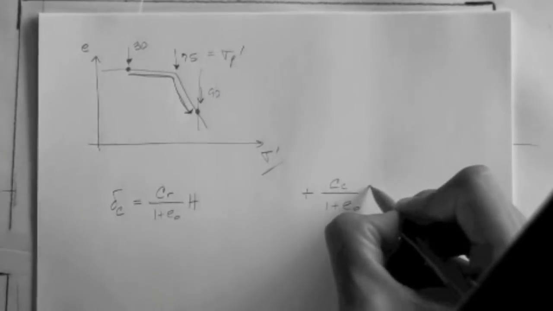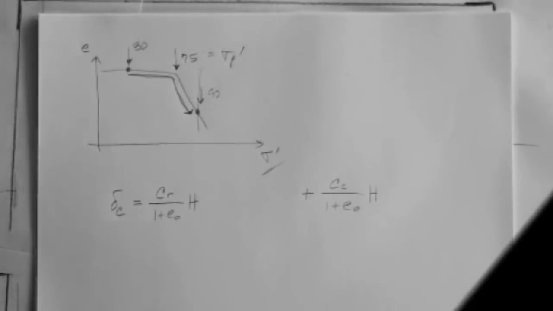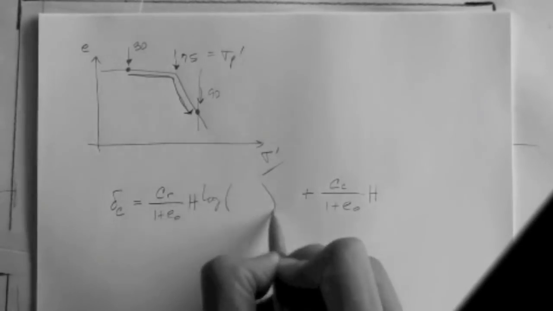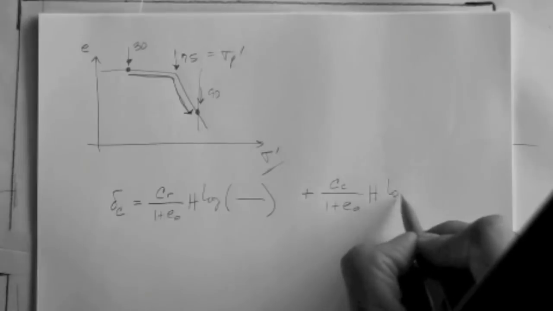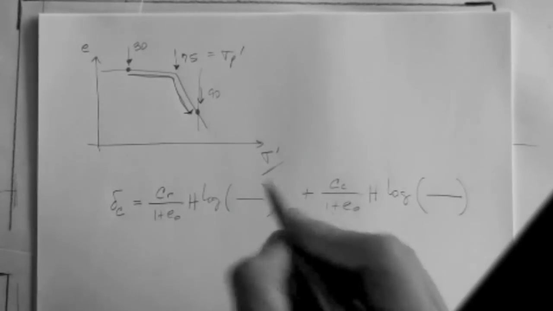H doesn't change because H is the thickness of the clay layer, which we know from testing in the field. That layer is 6 meters thick. Then log sigma over sigma prime, right?